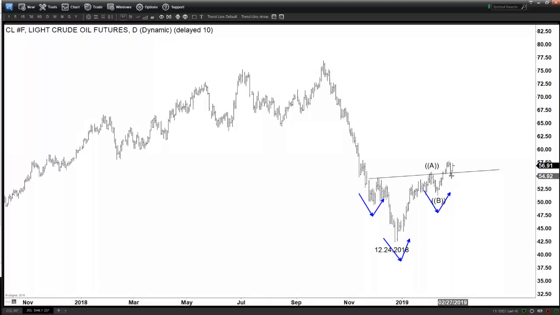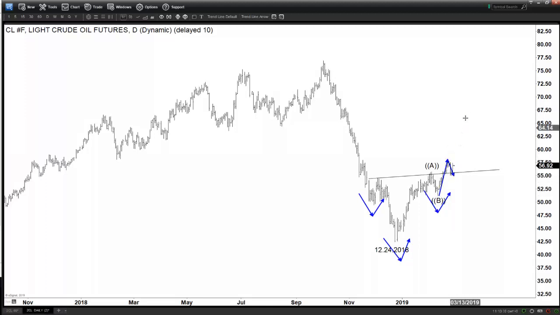It retested and held, and now it is bouncing again pretty strongly. It's just that we need confirmation of a break above here to confirm the next leg higher has indeed started. So we got 5 waves up ending with A in the black. We have a pullback in the B. Since then we have a new high, retested this neckline, bouncing pretty nicely. So if we do get a break above this previous peak, I think that will definitely increase the chance that we are indeed starting the next leg higher again.